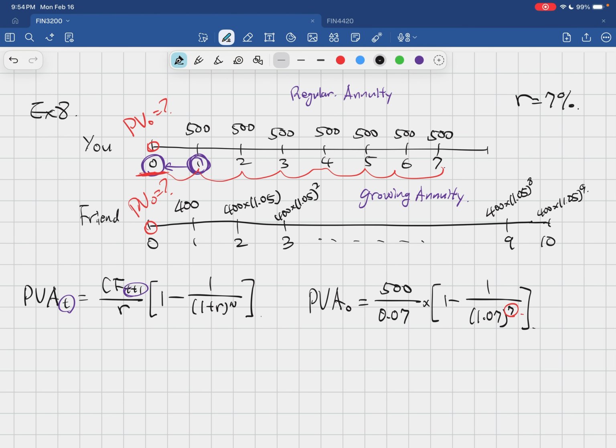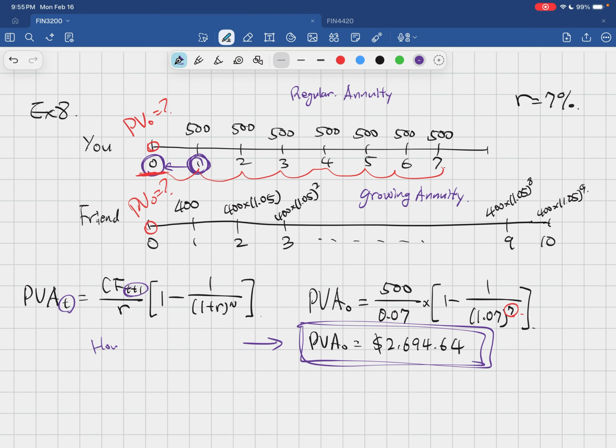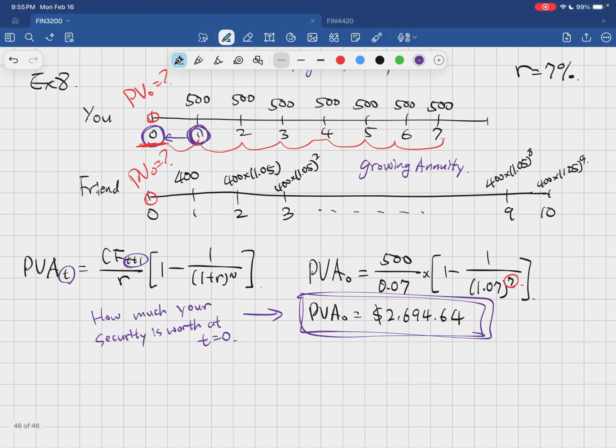So the PVA is 2694.64. So this is how much your security is worth at time 0. Okay, and let's calculate your friend's security.